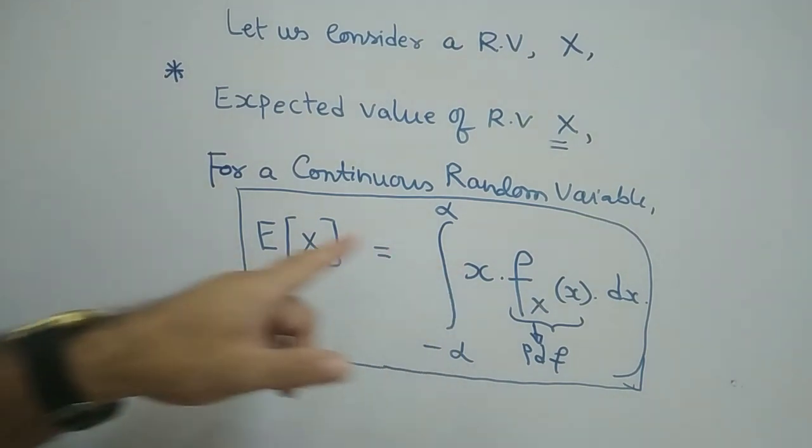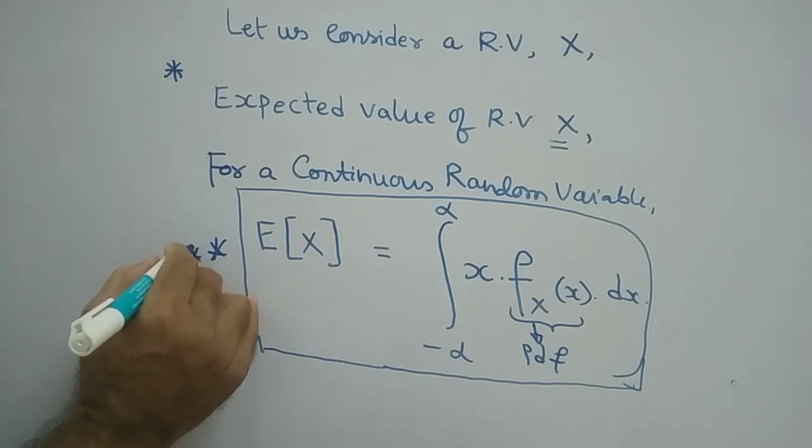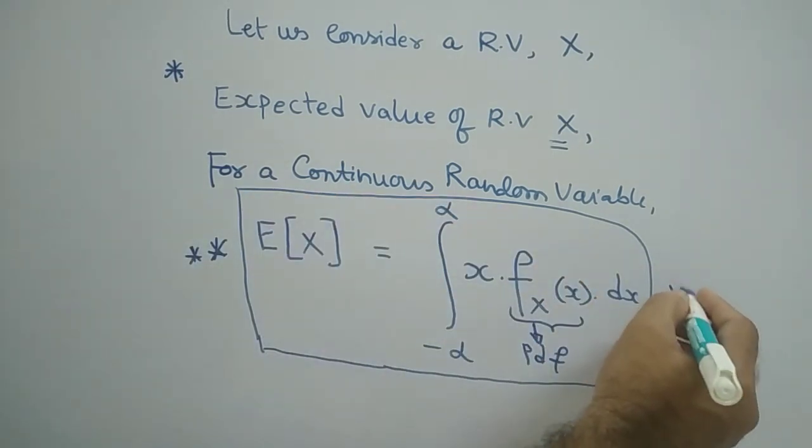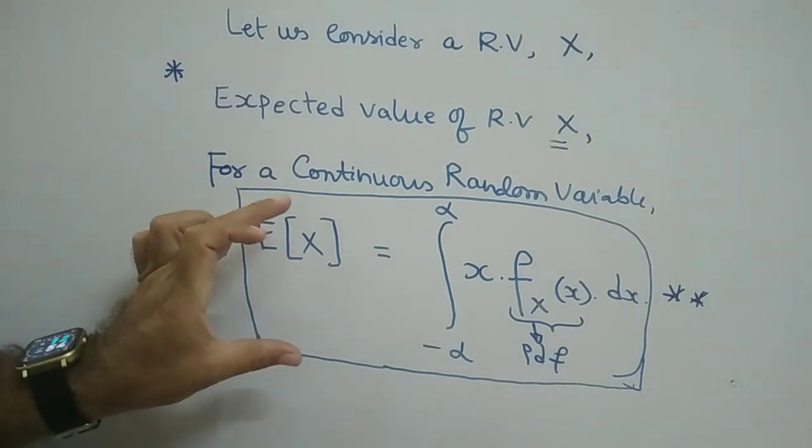By using this formula, we will evaluate the expected value of any given random variable. Very, very important to consider. Sometimes we will do some of the examples or previous questions asked in GATE examinations in our subsequent presentations.